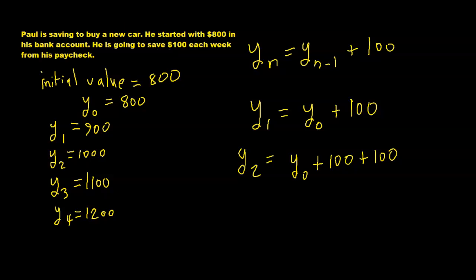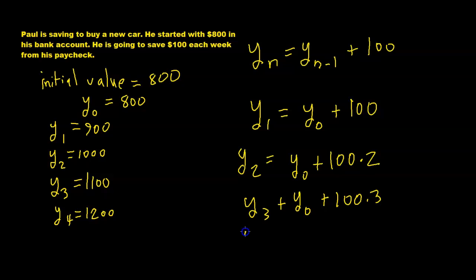Or we could write that as y0, the initial value, plus 100 times 2, right? y3, how did we get to y3? We started with our initial value, 800, and we saved for 3 weeks. So we started with our initial value and saved $100 for 3 weeks. So we can call that plus the common difference times 3, right?